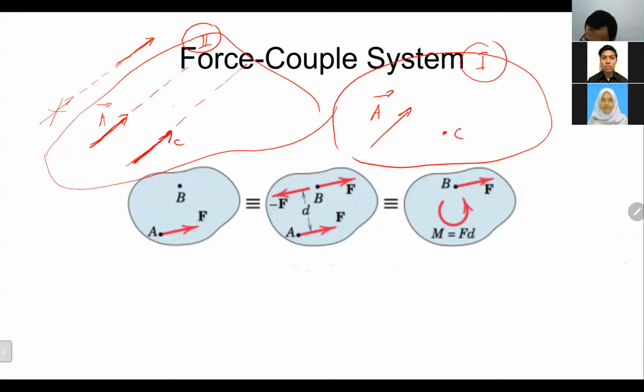So I add another force here, exactly the same magnitude and in the same line of action, but in the opposite direction. You can see that if you sum both forces, the resultant will be equal to 0.